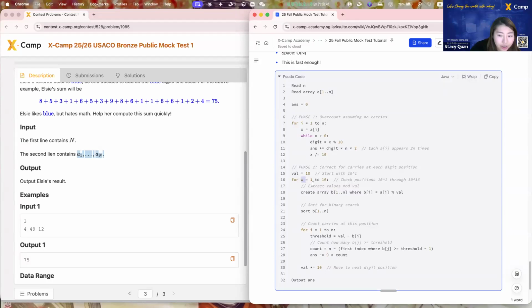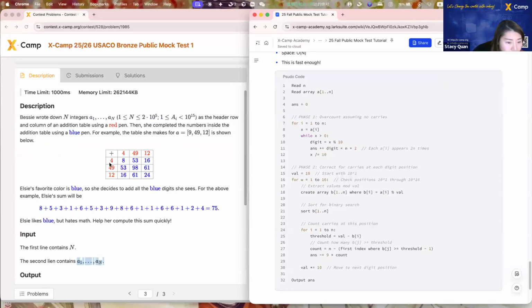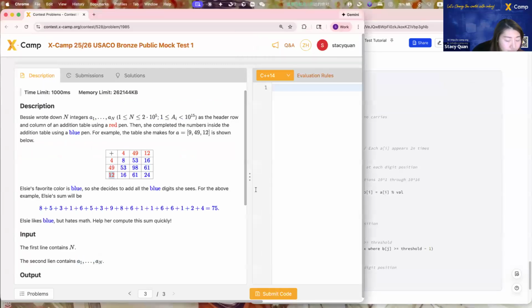Now for the width, I create the B. The B is basically the last one digit, the last two digits, the last three digits for all the input numbers. Now in total, I have 16 of them. After I get the last digits, I store them. Let's say this B is the last one digit of all the n, so 4, 9, 2, etc.